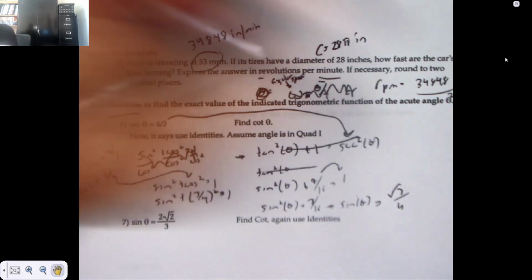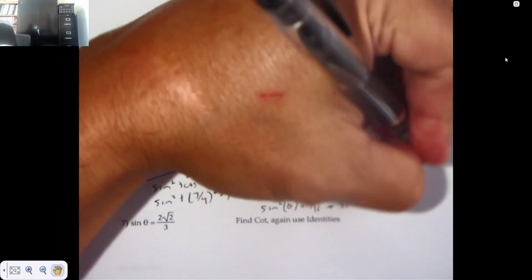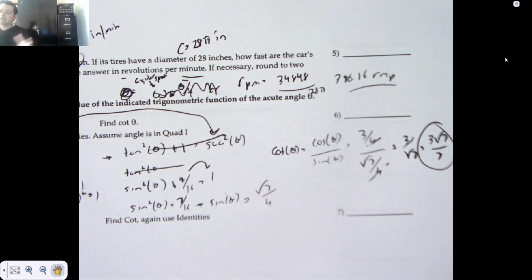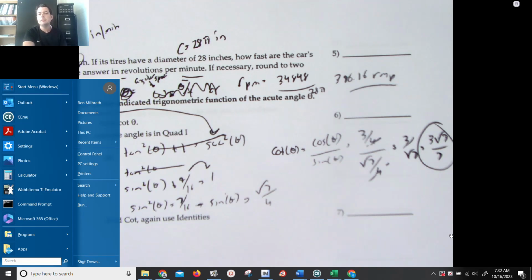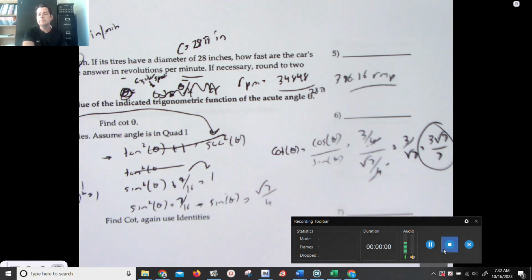Now, I want cotangent. The cotangent of an angle is cosine over sine. So cosine was 3/4. Sine was root 7 over 4. The 4's cancel. That leaves me with 3 over root 7, which is 3 root 7 over 7. Ta-da! And I need to go and pause this video and go unlock the classroom. Got to open up dual enrollment. I'll be back in a minute.